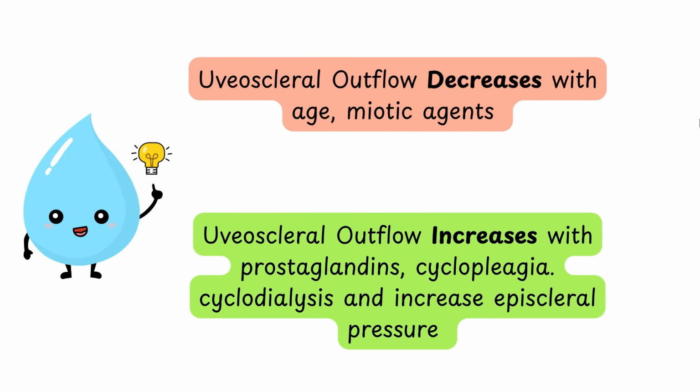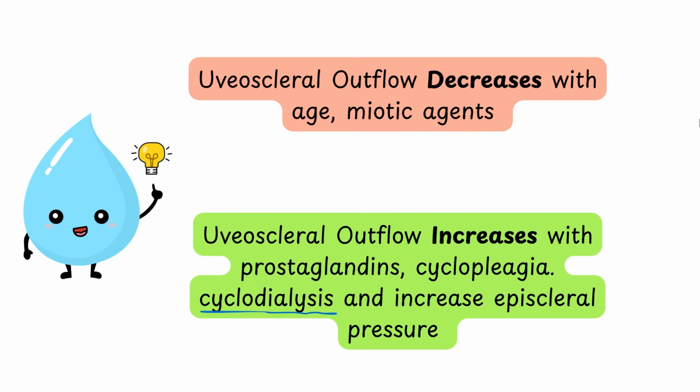Uveoscleral outflow increases with prostaglandins, with cycloplegia, cyclodialysis, and increased episcleral pressure. Ultimately, the entire aqueous is draining into the episcleral veins. So if there's an increase in the episcleral pressure, obviously what's going to happen? The outflow is going to go down, whether it is the conventional pathway or the unconventional pathway.